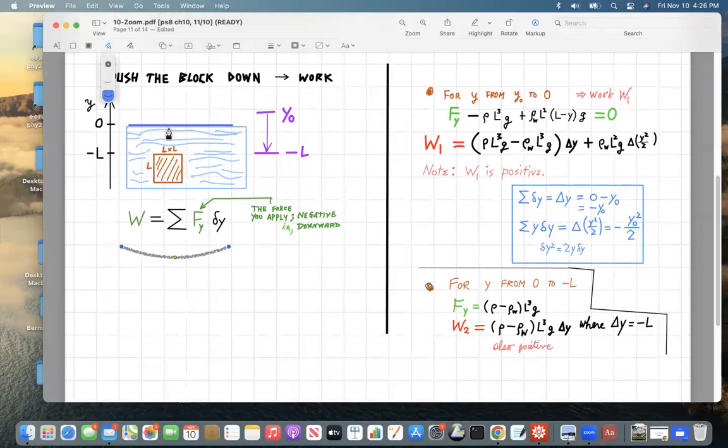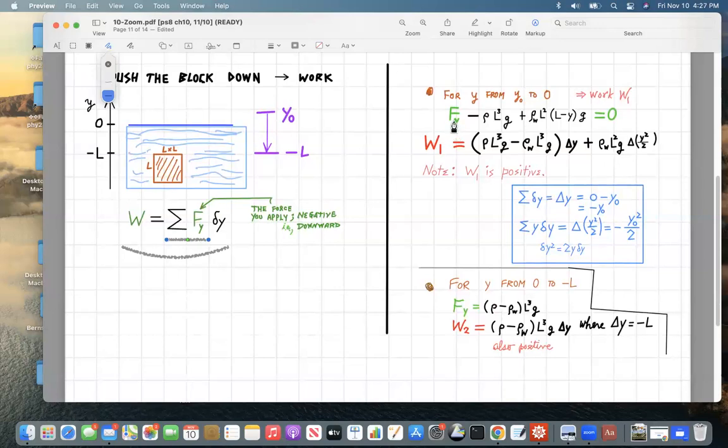Now, this involves summing all the y values here from y0 to 0, and here from 0 to minus L. And that's where the problem gets difficult, figuring out how to sum over the y values.